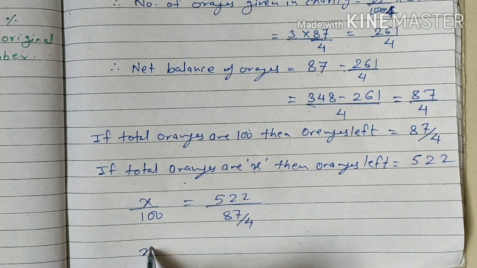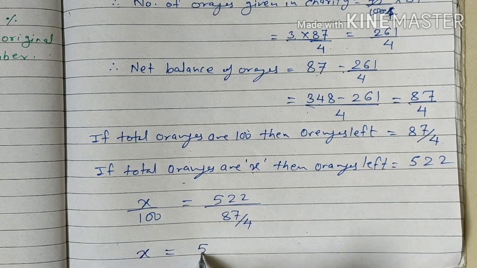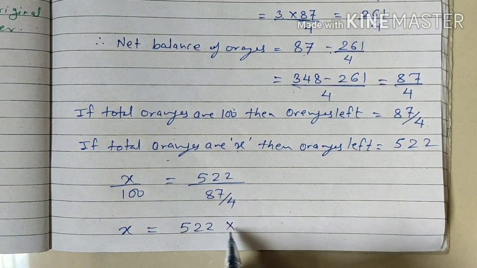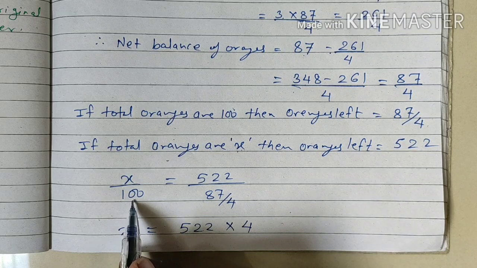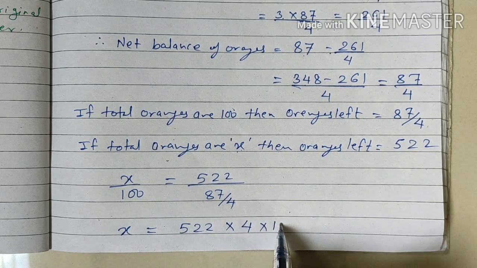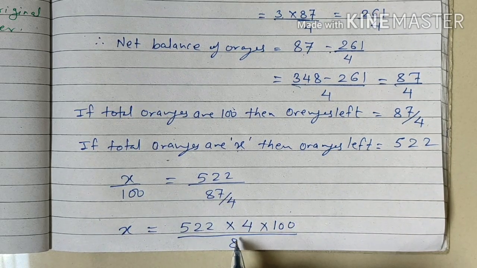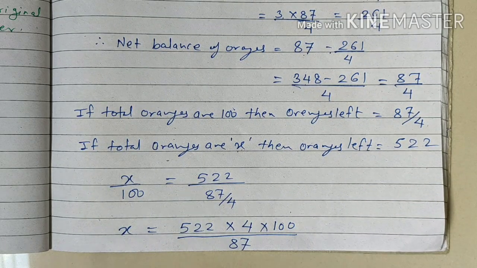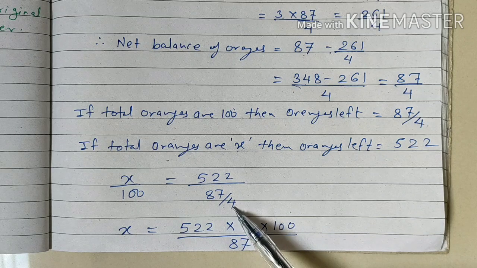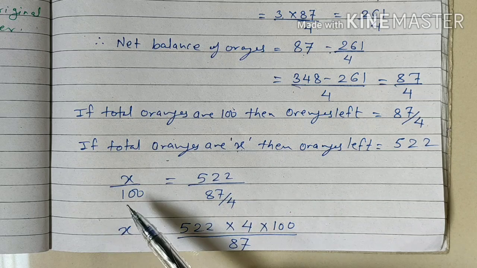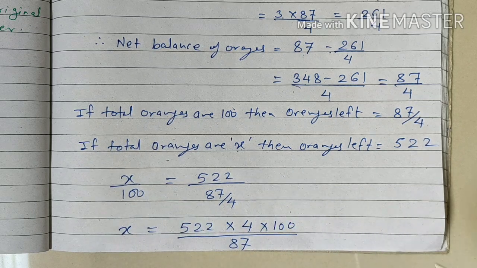To find out the value of X, it becomes 522 multiplied by 4, and this 100 is in the division, going that side goes for multiplication, upon this 87 is here. Got it what we have done? This 4 which is here in the division, it becomes a reciprocal, so it becomes 4 upon 87. 100 was in the division, going that side goes for multiplication. Got it?